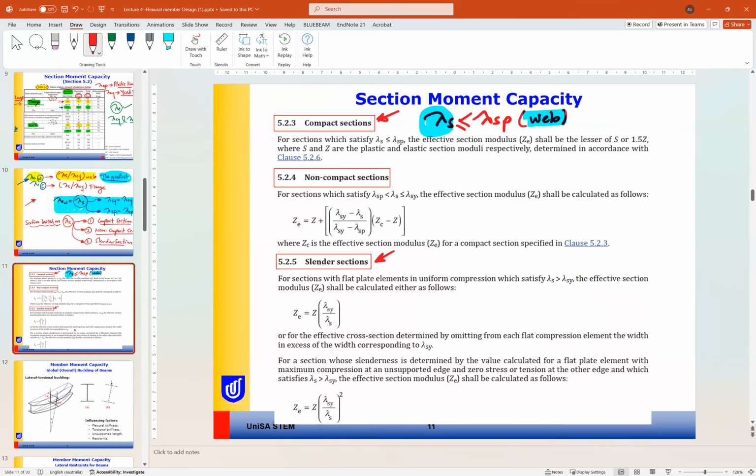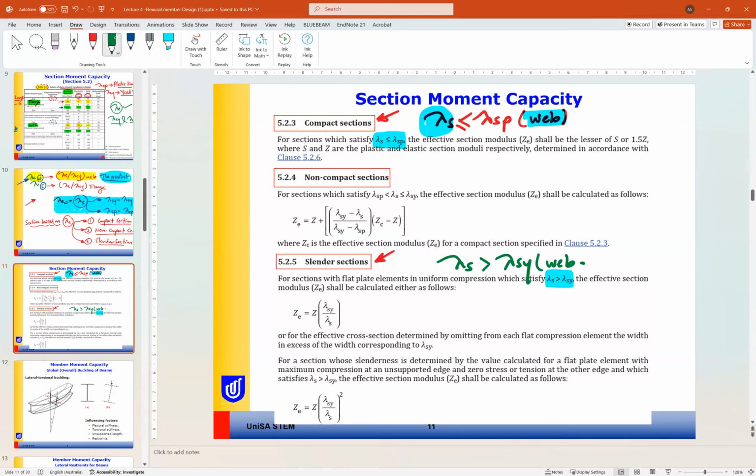The other option is if lambda is more than the yield limit, more than lambda s yield for the web.